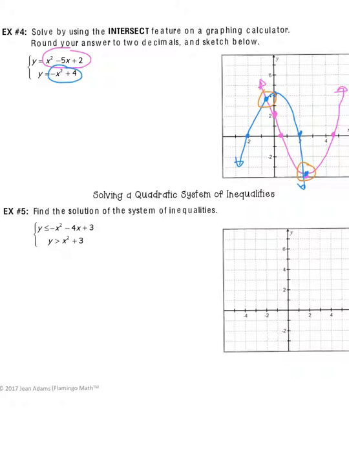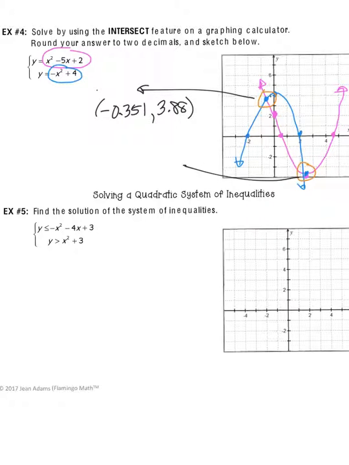Your two values for the intersection should be, for this one, -0.351. You can round that to 2 places if you want, comma 3.88. So your y is 3.88.